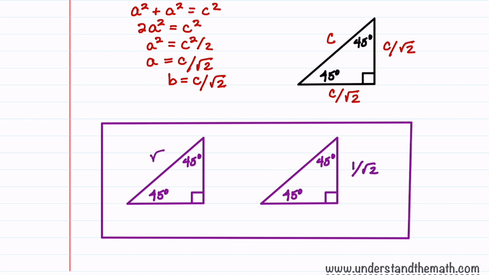So if C is the square root of 2, then both legs are equal to 1. On the triangle on the right, we'll let C be equal to 1, and both legs will be equal to 1 divided by the square root of 2. I see that I had not erased 1 over root 2, so we didn't have to fill that one in. That one was already there.